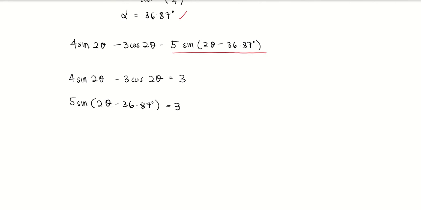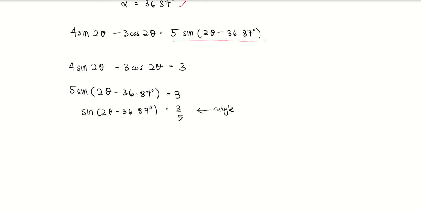This is a single form. If we divide both sides by 5, we get sine (2 theta minus 36.87) equals 3 over 5. So we can solve it as a single equation.